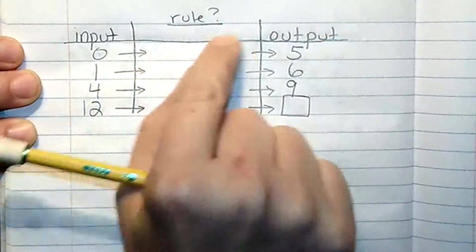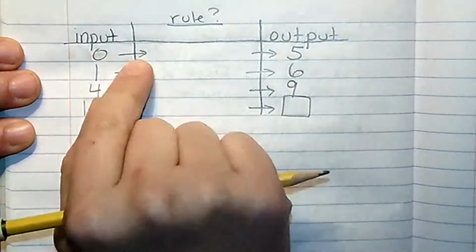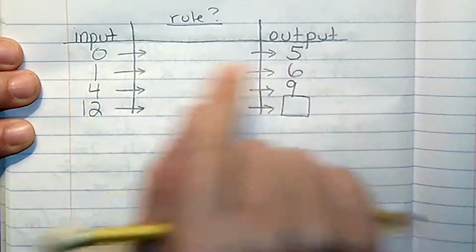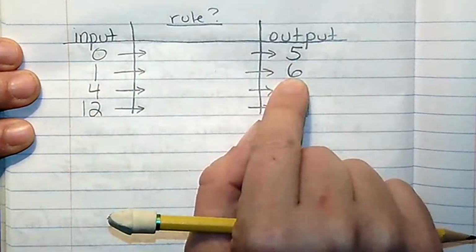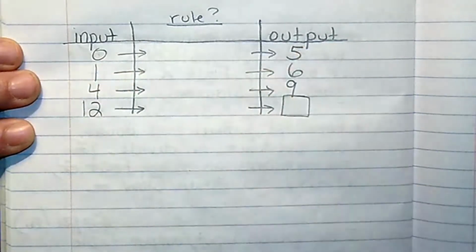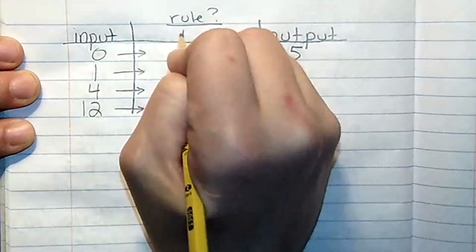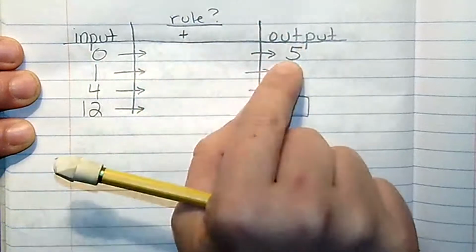So the rule is what happens to the number while it's in the fancy machine. If 0 goes in somewhere and we come out with a 5, did my numbers go up or go down? They went up. 1 went in and 6 came out, they went up again. Are they going up very fast or kind of slow? Kind of slow. I think the rule is going to be to add some. 0 plus something gives me 5.